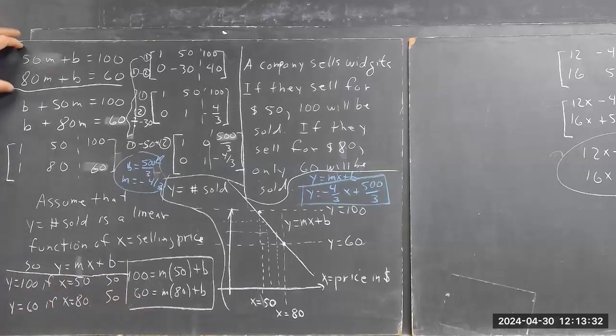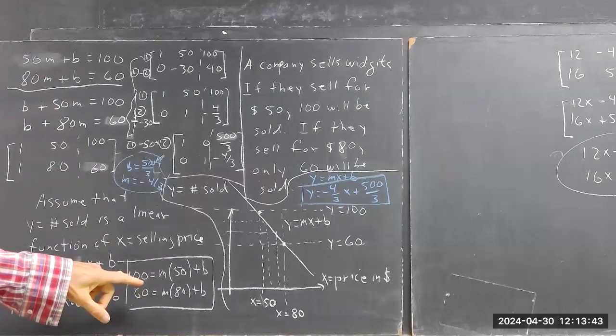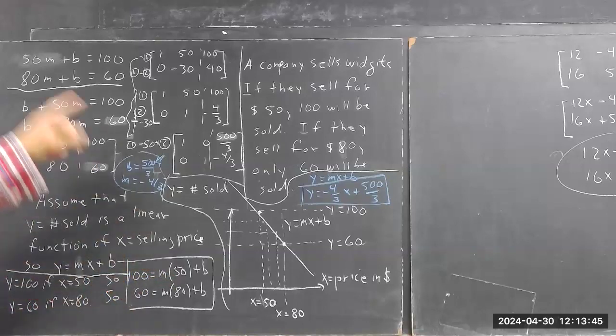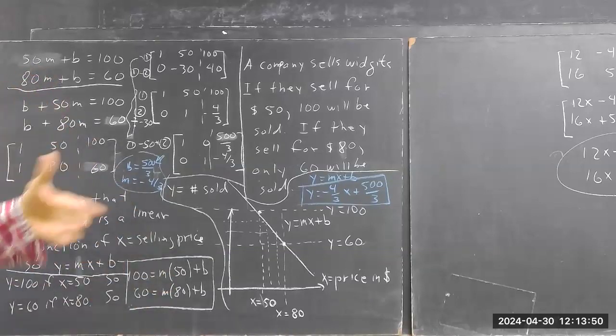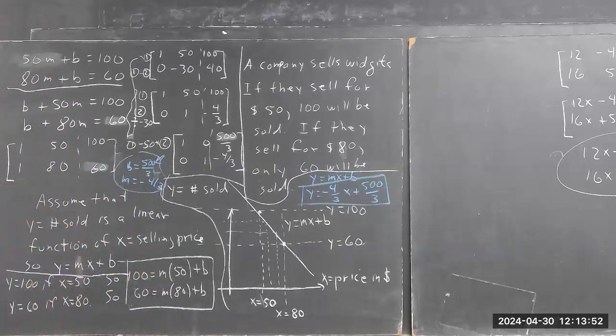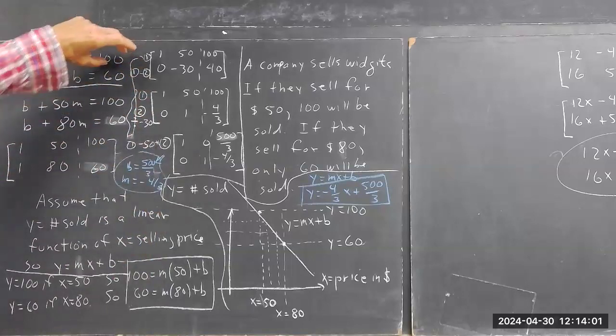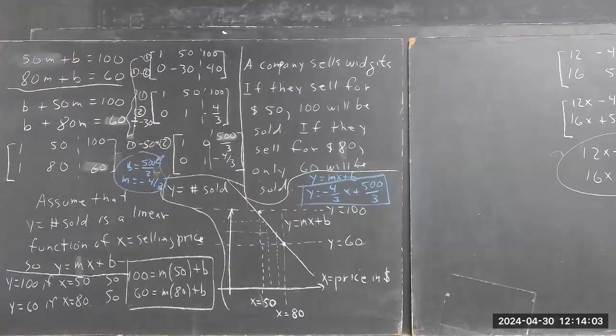So we rewrite those equations up here, but I took a little bit of liberty and switched the sides. Instead of m times 50, I wrote 50m. Instead of m times 80, I wrote 80m. Order of multiplication doesn't matter, so that's okay. Other than that, and the fact that the right-hand side is on the left now, and the left-hand side is on the right in each equation, it's the same.